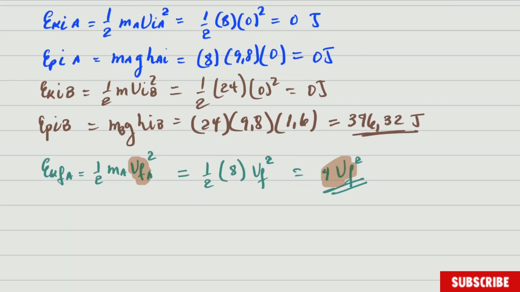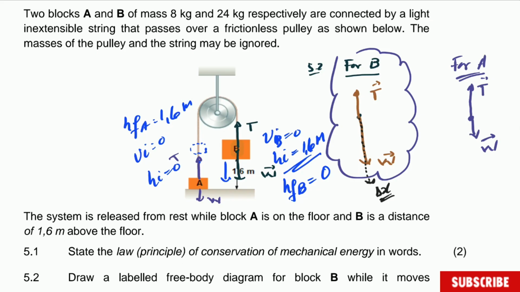So let's go to the final potential energy for A, and that one will be equal to mass multiplied by acceleration due to gravity multiplied by the final height of object A. Remember, I showed you the picture there. The final height for A is 1,6.